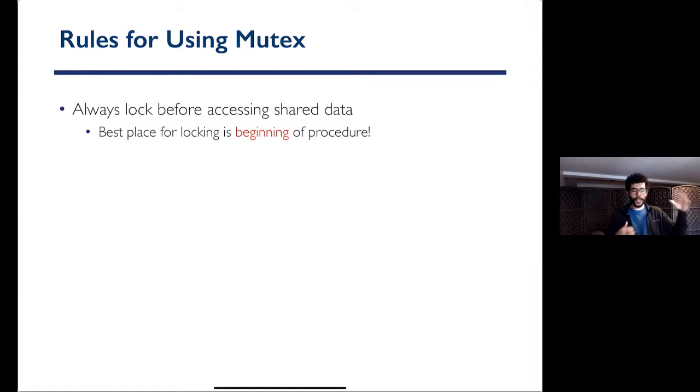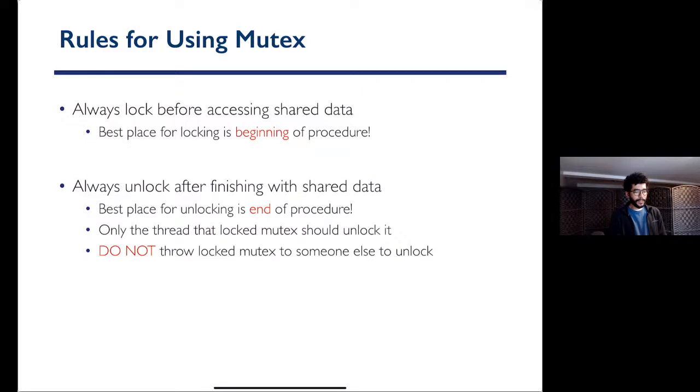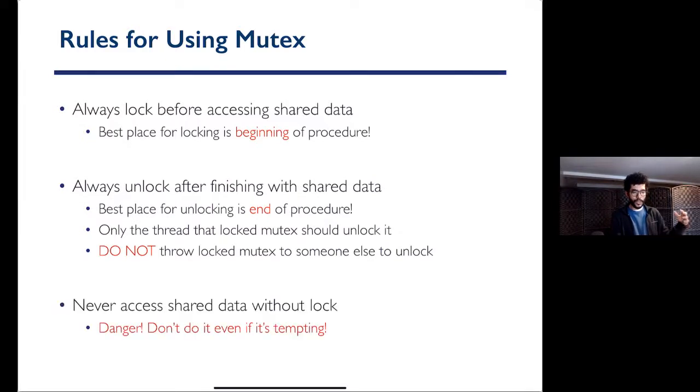You have to break this function into sub-functions, and then have one function that actually touches the shared data. And at the beginning of that function, put your mutex.lock. And the best place to put the unlock is at the end of your function. So before you return from your function, call mutex.unlock.